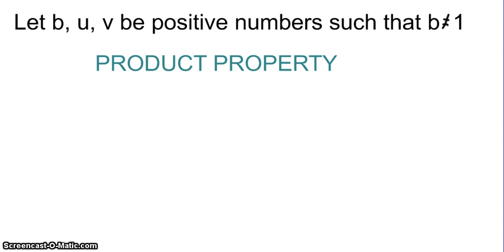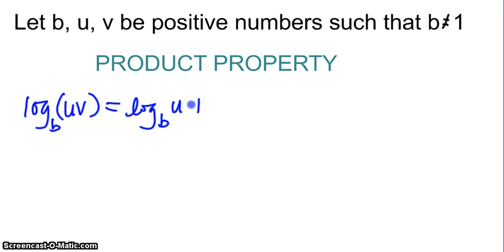Now, let's start looking at the properties for logarithms. Let b, u, and v be positive numbers such that b is not equal to 1. The product property works like this. You have the log base b of u times v, and that's equal to the log base b of u plus the log base b of v.